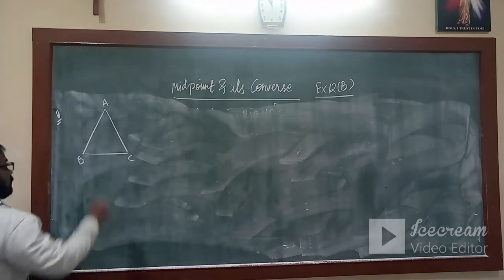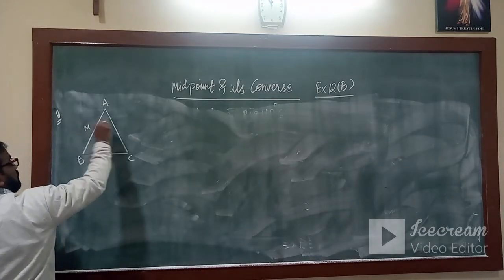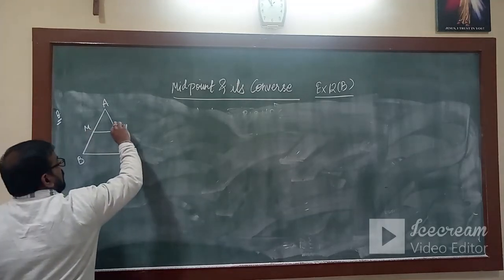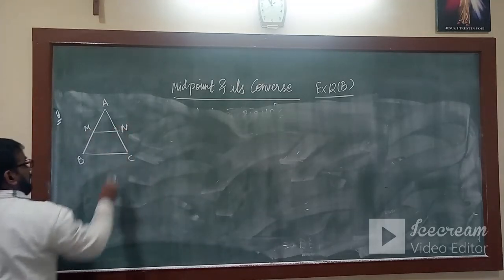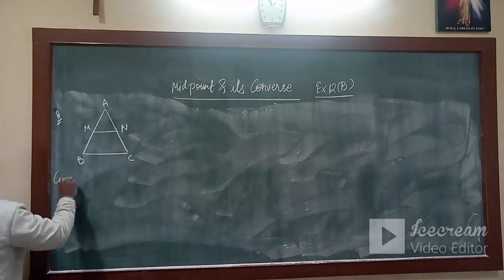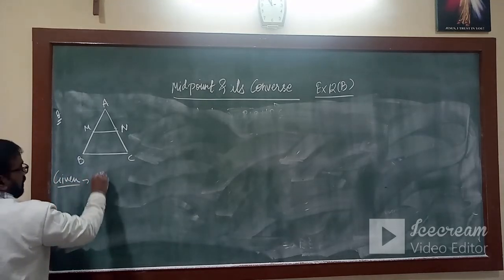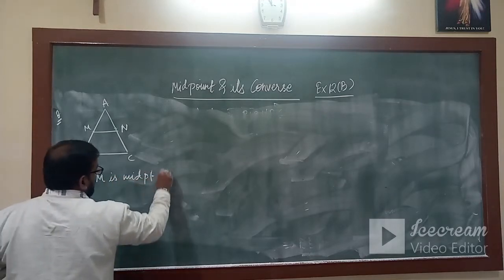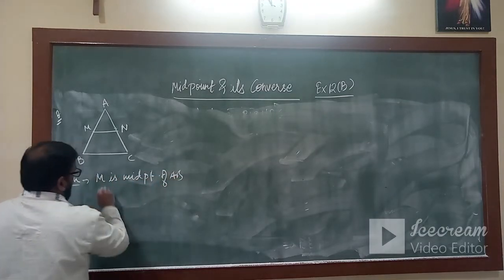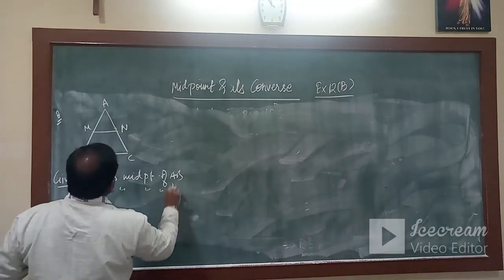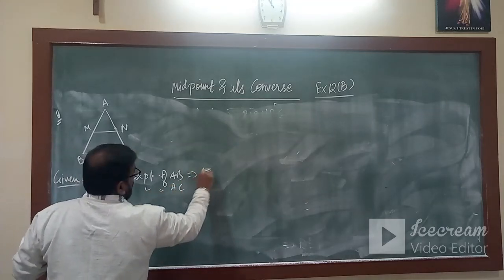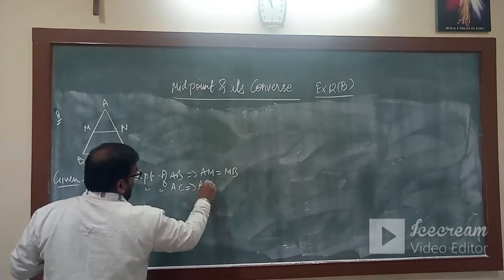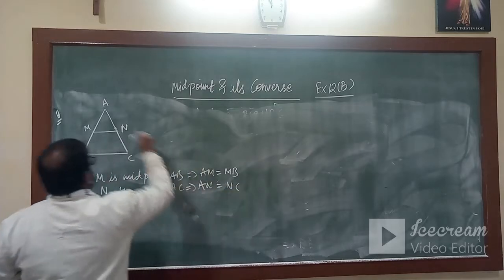M is the midpoint of AB and N is the midpoint of AC. So let's write the given things. M is midpoint of AB and N is midpoint of AC. So you will get AM equal to MB from here, and from here AN equal to NC.